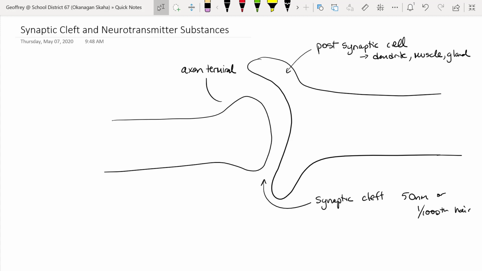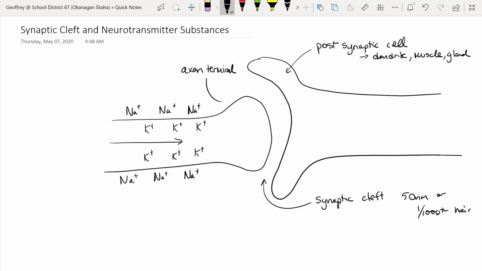So we know that our impulse is moving along this way. It's being propagated, and we have sodium on the outside and potassium on the inside. For an impulse to be passed along, we have to change the voltage of that neuron.